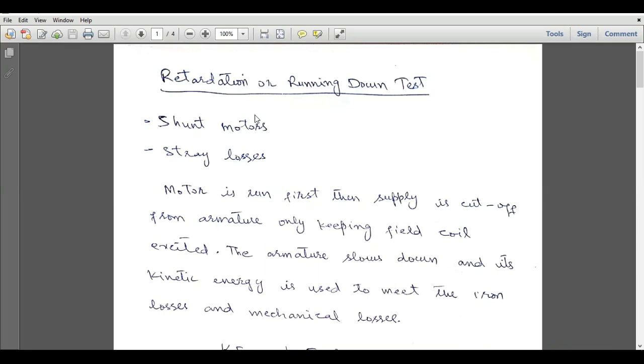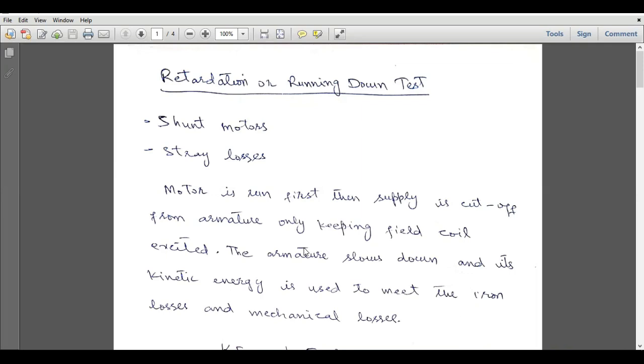So retardation will be produced in the armature, and that kinetic energy which is present in the armature will be converted to electrical energy due to the generator action. Since we have not cut off the field coil from the supply, the magnetic field will be constantly present in the winding, and only the armature speed will be decreasing, right?